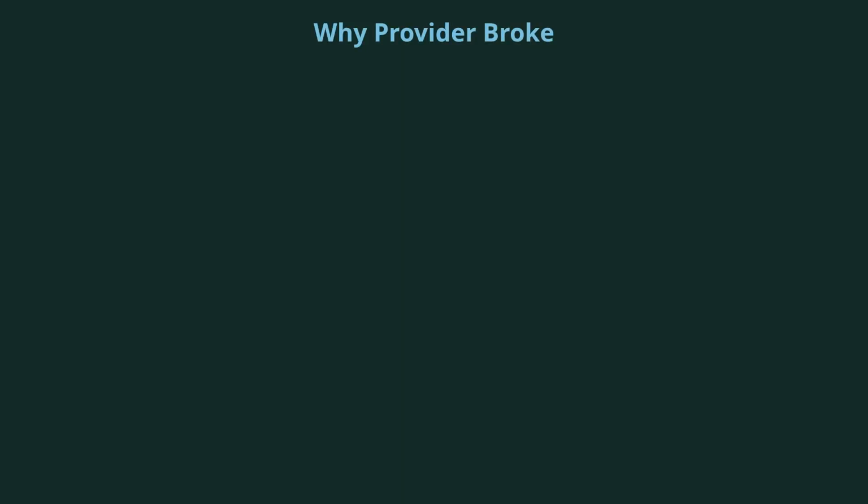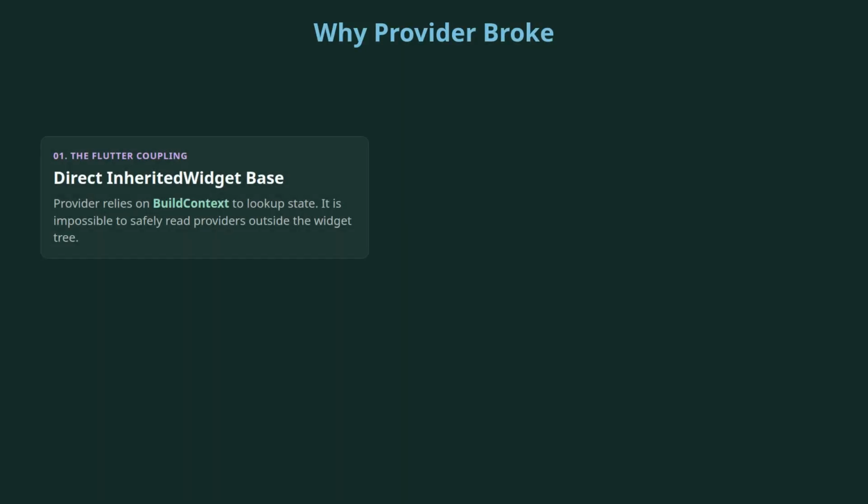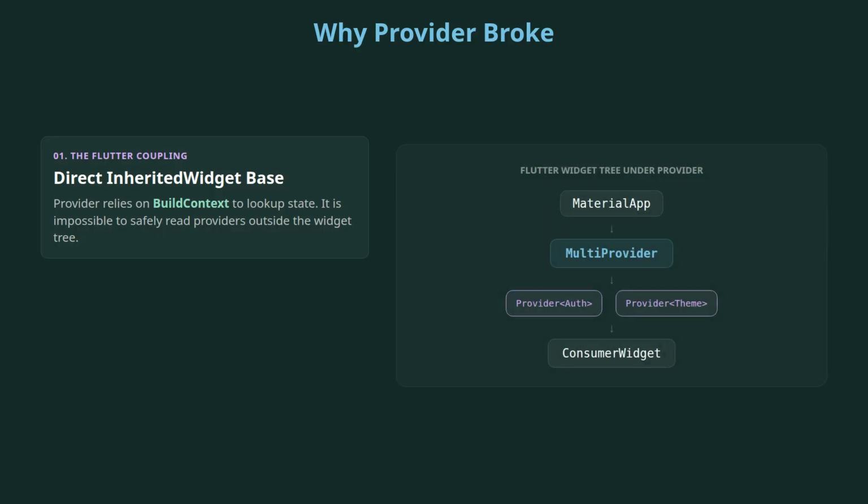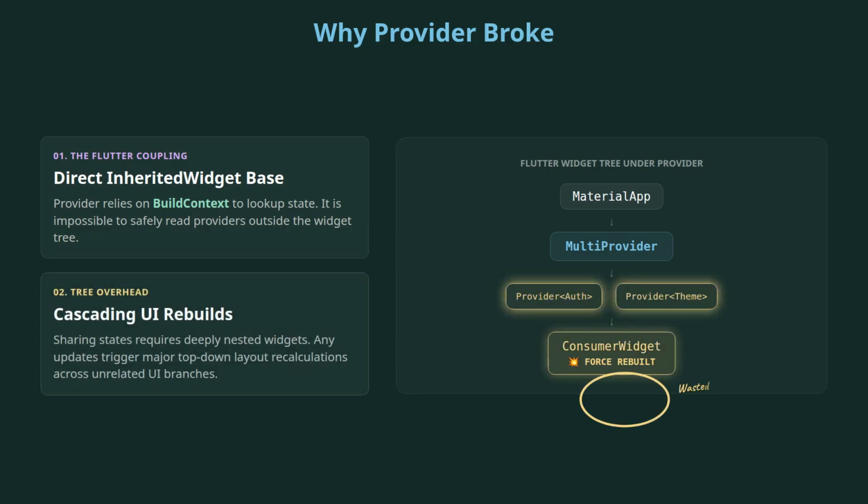To understand why Riverpod exists, we must analyze the structural limitations of its predecessor, Provider. Provider relies directly on Flutter's inherited widget architecture under the hood, which mandates that all your stateful objects must live directly inside the widget tree itself. If you want to share state between two distant screens or sibling pages, you are forced to hoist that state up to their nearest common ancestor, which is often the absolute root of your application.